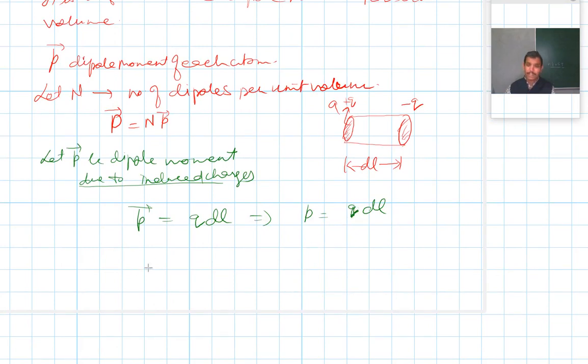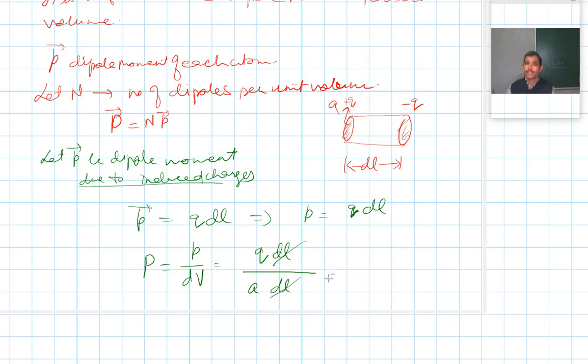So now, according to the definition, polarization vector is the dipole moment per unit volume. So volume is dV. Say this is the very small volume dV. So this p can be written as q dl, and this volume is area of cross section multiplied by length of this volume element.